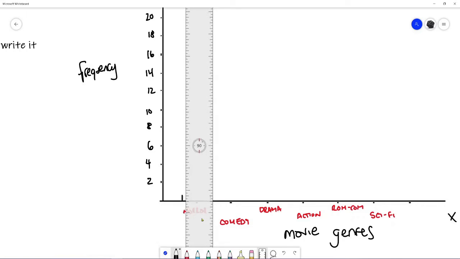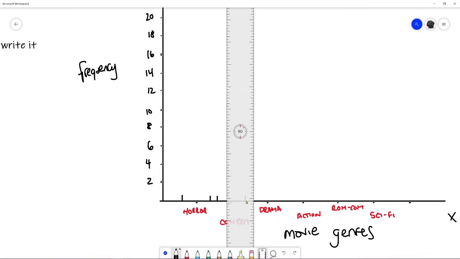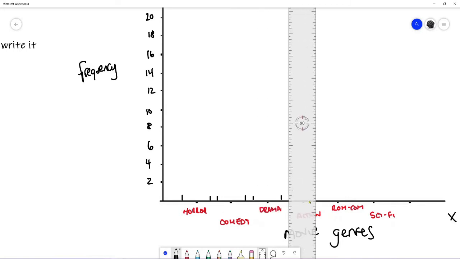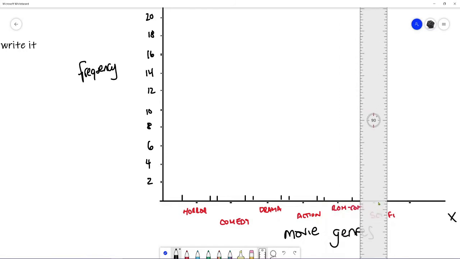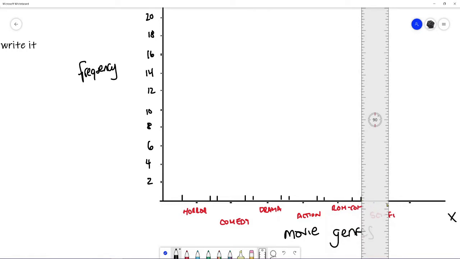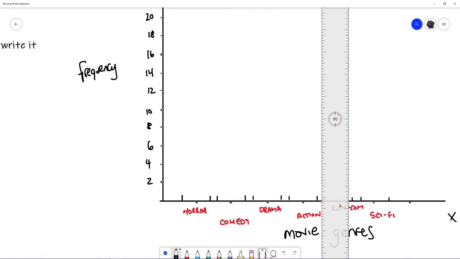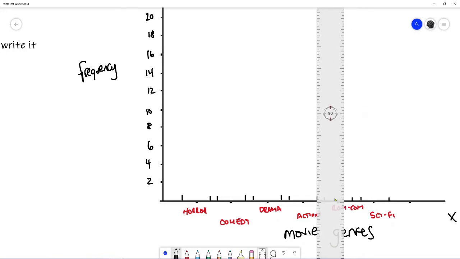I can take that, move it over here, and do the same thing across, so that I know the width of my bar is going to be equal for every line that I have. You might not be able to do it. If that's the case for you, depending on the size of your graph, then what you can do instead is just measure out a certain distance to make each bar. So 1 centimeter or 2 centimeters, whatever works for you.